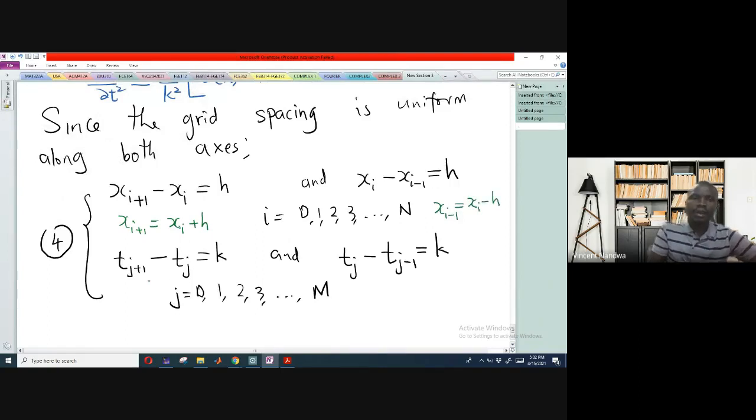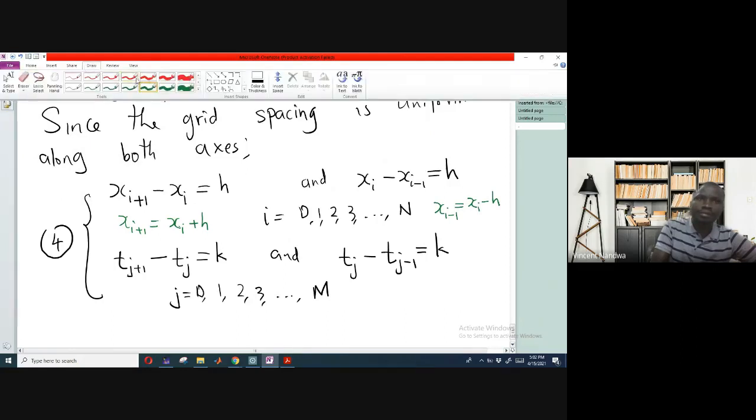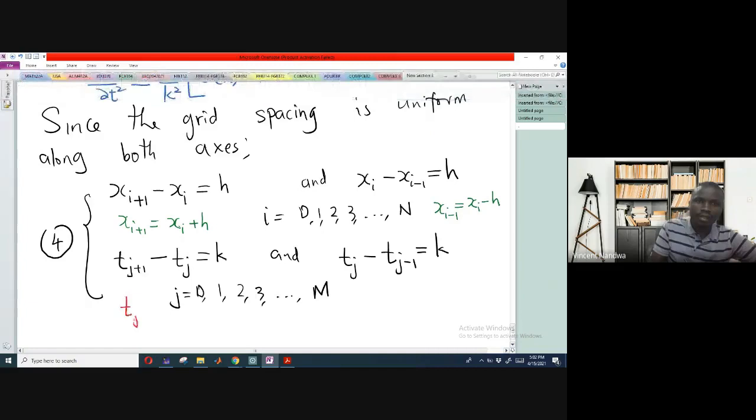And here we have t sub j plus 1 is nothing but t sub j plus k, and t sub j minus 1 is t sub j minus k. So this is just from these definitions here.